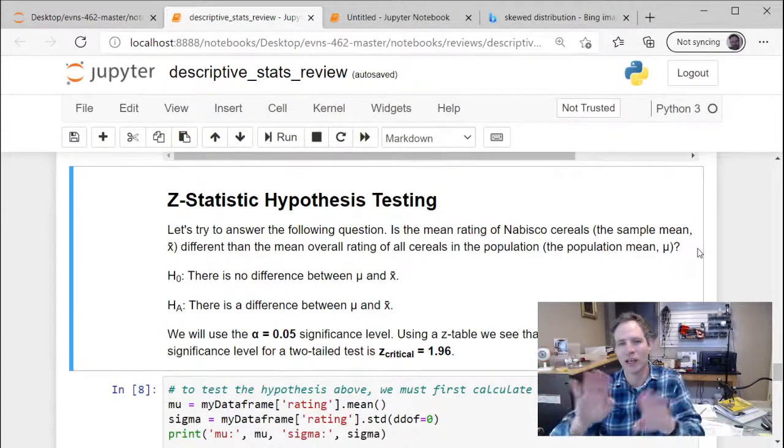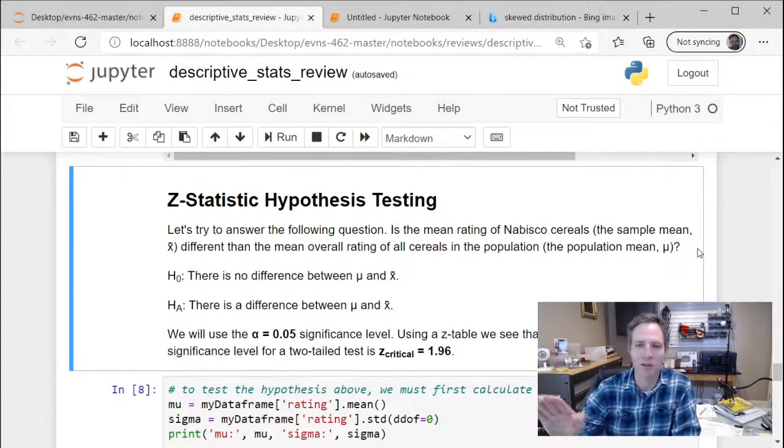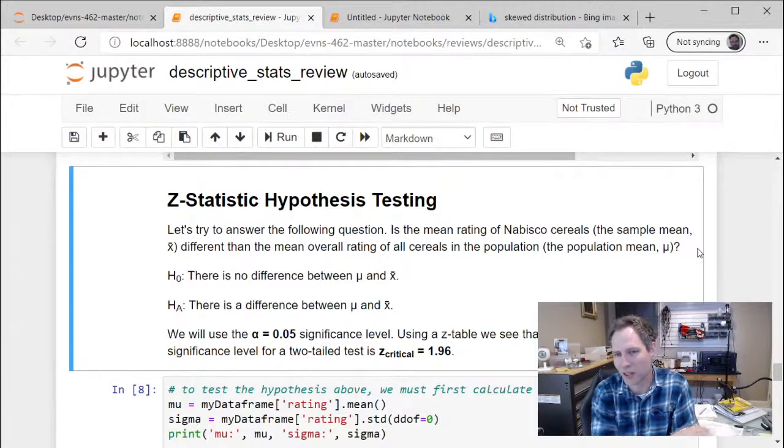You don't care if the sample mean is greater than the population mean or less than the population mean. That's how it's stated here: there is no difference, or there is a difference, but you don't care about the direction of that difference. That makes this a two-tailed condition.